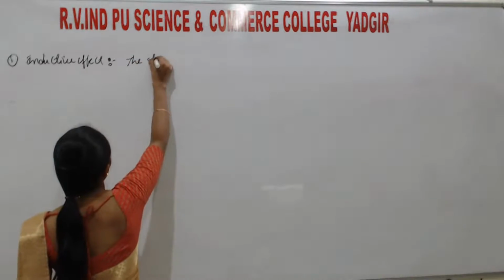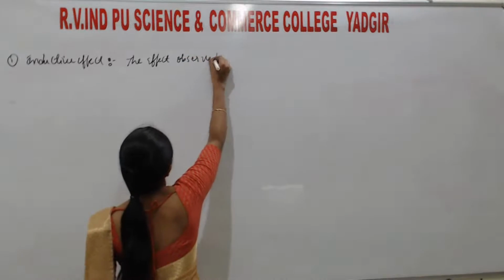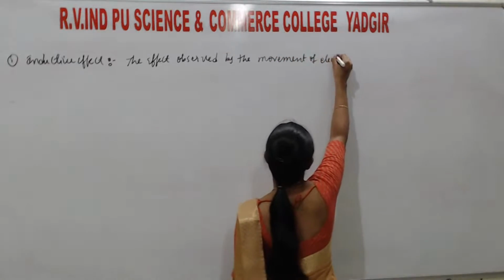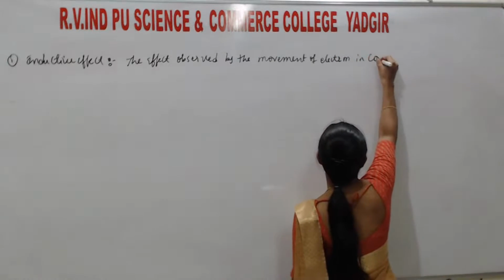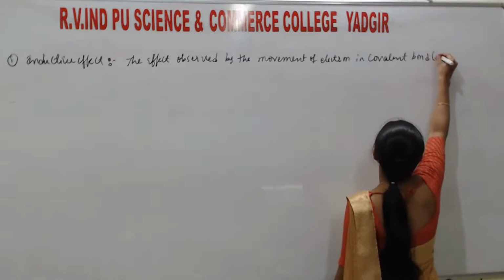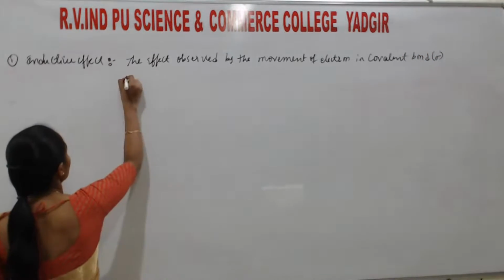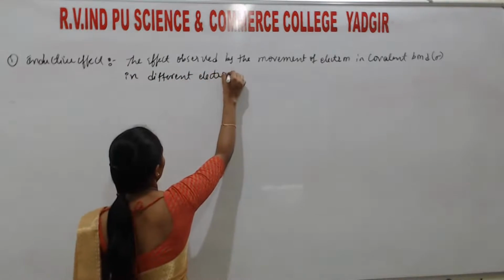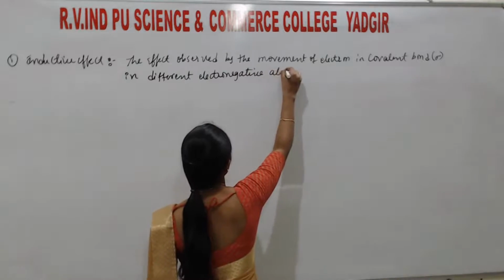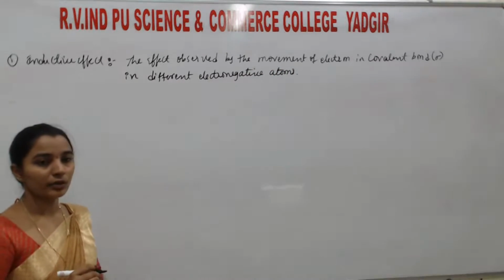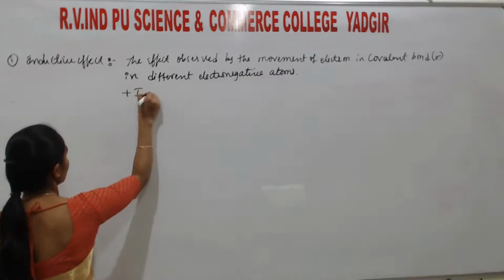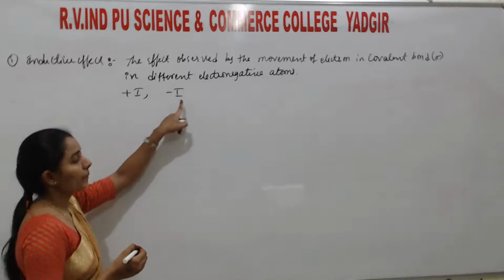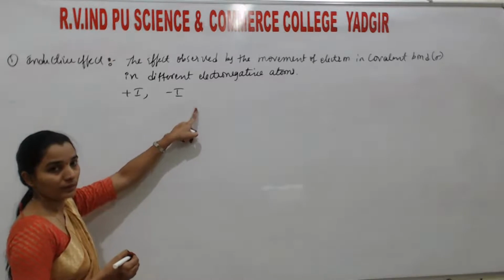It means the effect observed by the movement of electrons in a covalent bond, especially a sigma covalent bond, between different electronegative atoms. Two types are there: one is plus I effect, another one is minus I effect. Plus I effect means when an electron releasing group is there. Minus I effect means when electron withdrawing groups are there.